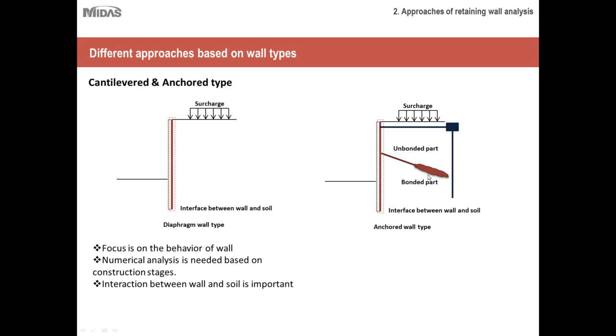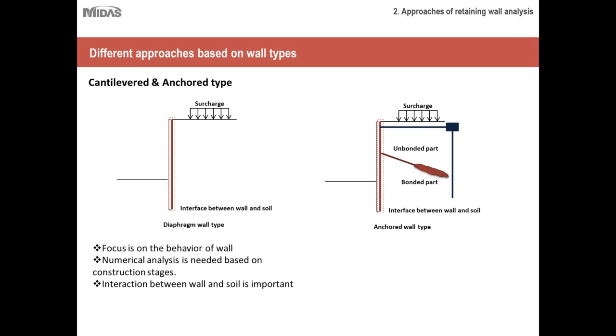These bolts or anchors could either be bonded, just at the end or throughout like a soil nail, or unbonded, where there is no grouting whatsoever and they are just drilled through. Depending upon what type of retention system you are using, you should model that accordingly.